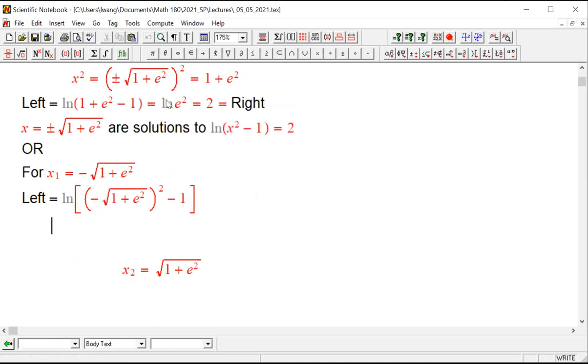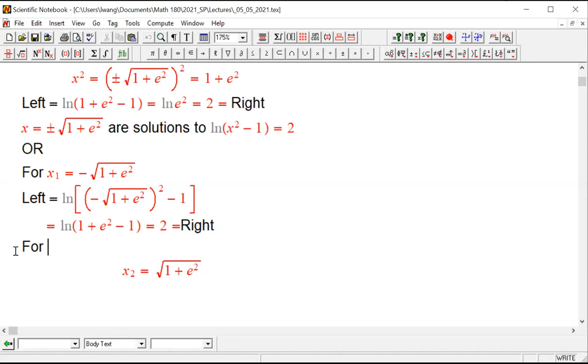And of course you're gonna get ln, because you square the -1 and it is positive. And the square of the square root of 1 plus e squared is going to be 1 plus e squared, minus 1, and that's going to equal 2, equal to the right-hand side. And the same is true for the other one.